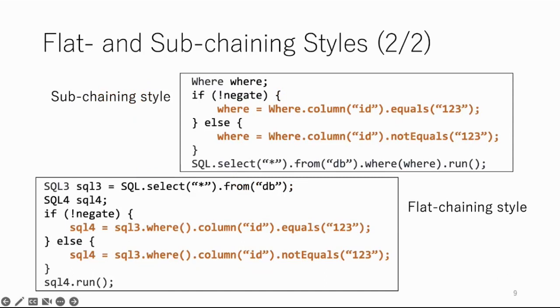So if programmers cannot write in subchaining style, their programs possibly become unnatural. For example, these programs are the same example as the first one. It searches a column with a condition depending on the variable negate. The upper figure is written in subchaining style, and it stores the search condition to the variable where and then attaches it to the base chain.